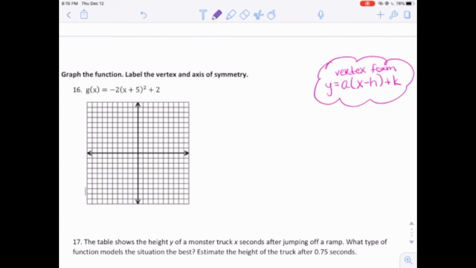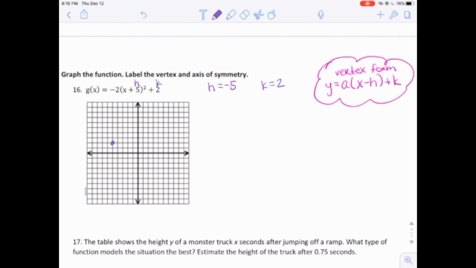So when we have vertex form, our h value is located inside. Notice that negative sign in the equation over here in pink, and k is here. So h is equal to -5 since we see a +5 in the equation, and k is equal to 2. So I can plot my vertex at -5, 2 right here.